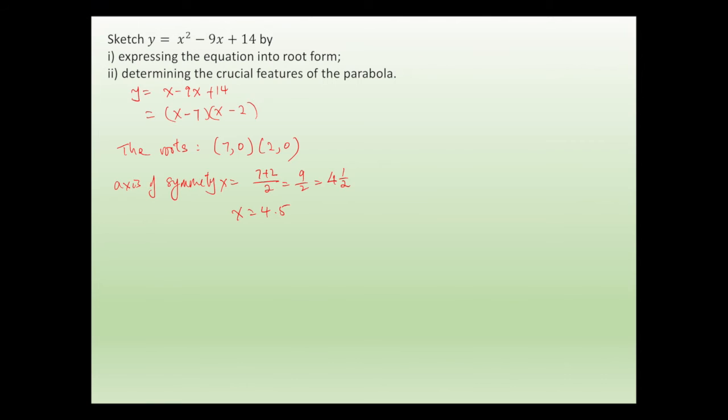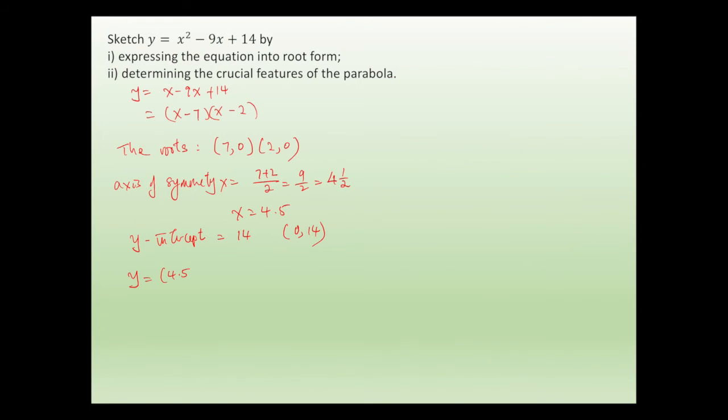That's the equation. So now we know that the y-intercept is actually 14, or 0, 14 in coordinate format, and substituting x equals 4.5 to find the turning point.